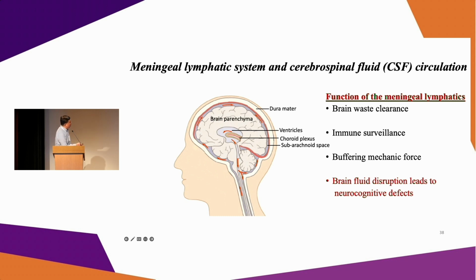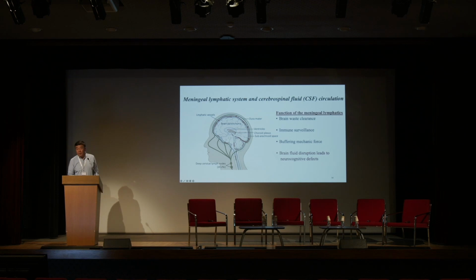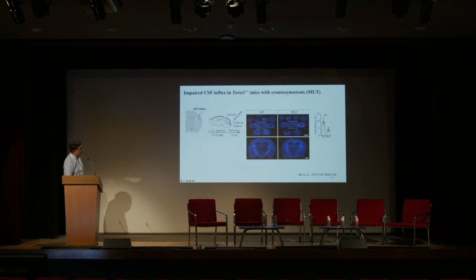So what we have learned in the study is that not only is there cerebrospinal fluid circulation, but the lymphatic system also drains into the deep cervical lymph nodes. And then disruption of this drainage can lead to malfunction in the brain. How do we test that?